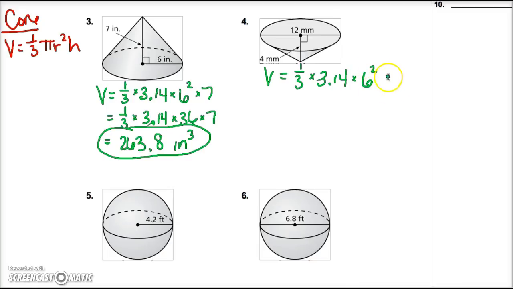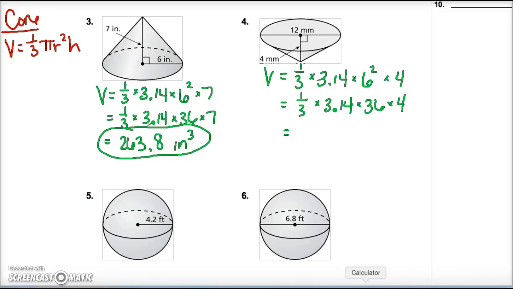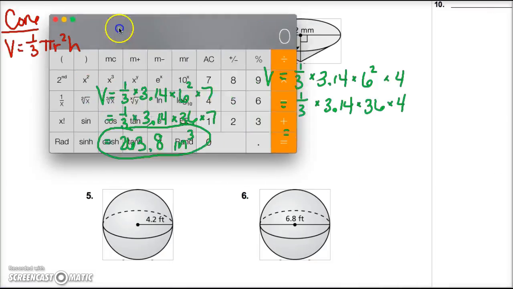So 6 squared, and then times the height, which is 4. Simplifying a little bit, 1/3 times 3.14 times 6 squared, which we know is 36, and then times 4.